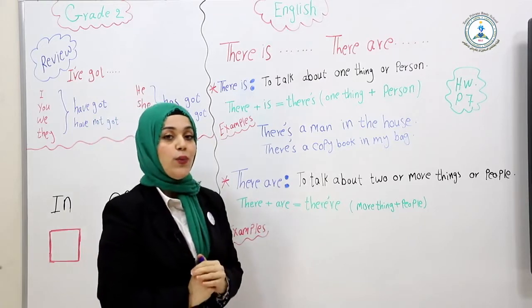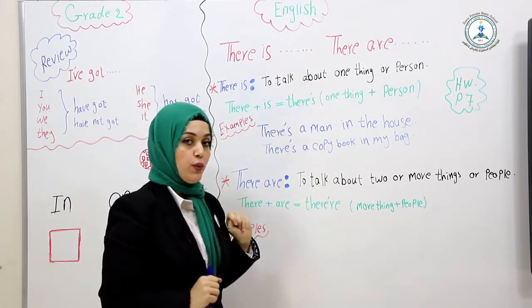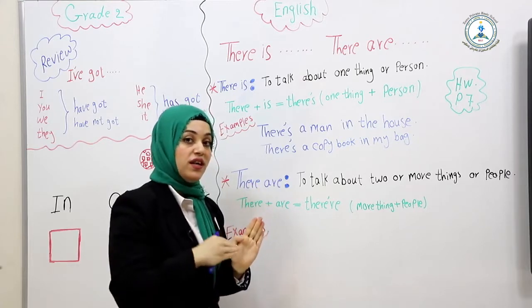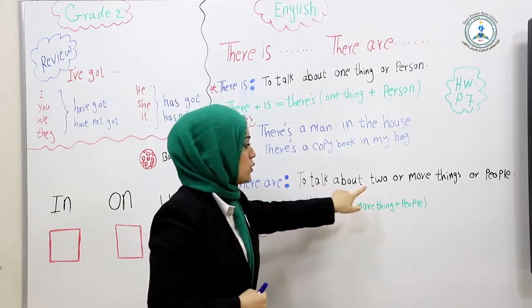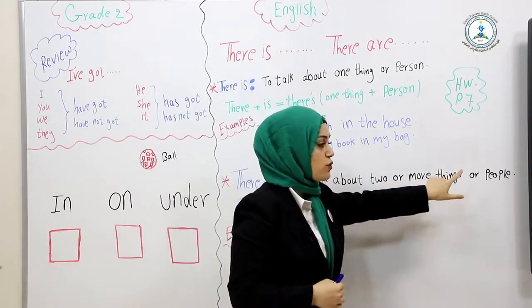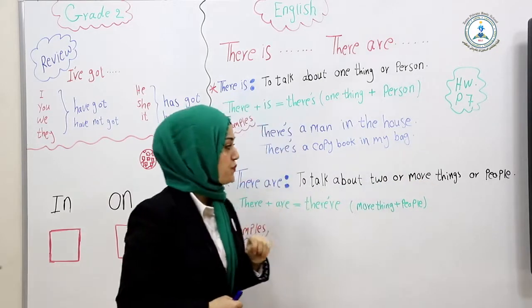After there is, we have there are. We use there plus are to talk about two or more things or people.